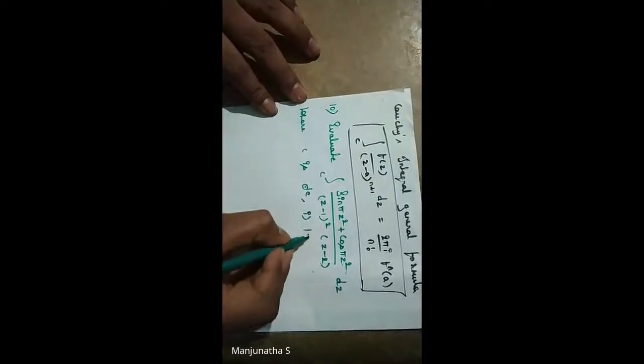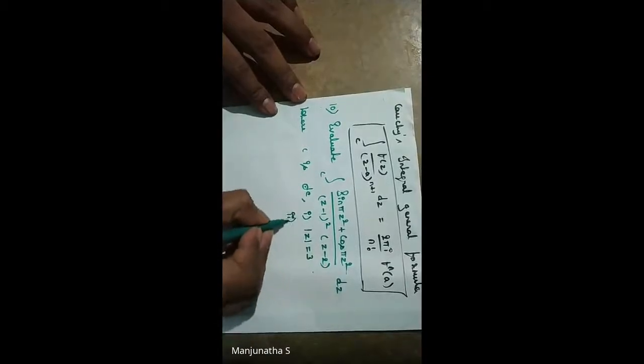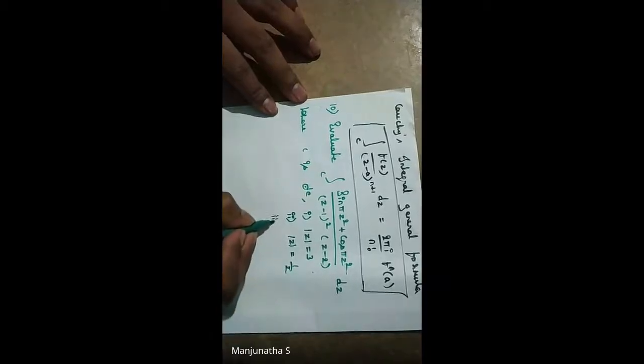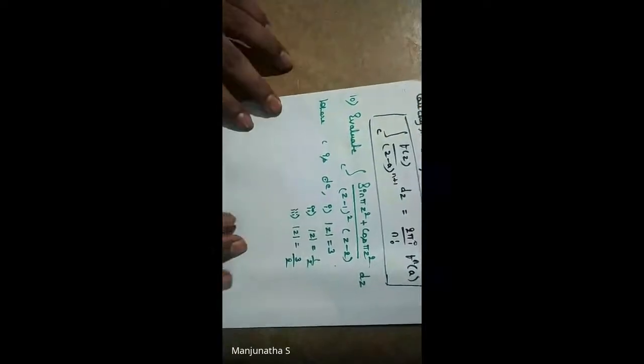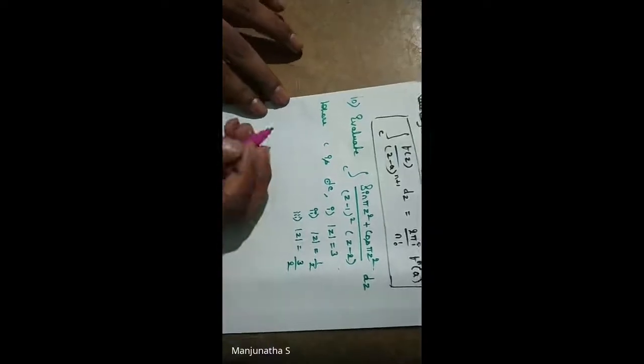We have cases. First case, modulus z is equal to 3. Second case, modulus z is equal to 1 by 2. Third case, modulus z is equal to 3 by 2. So for each case, we need to find. So this is the question.